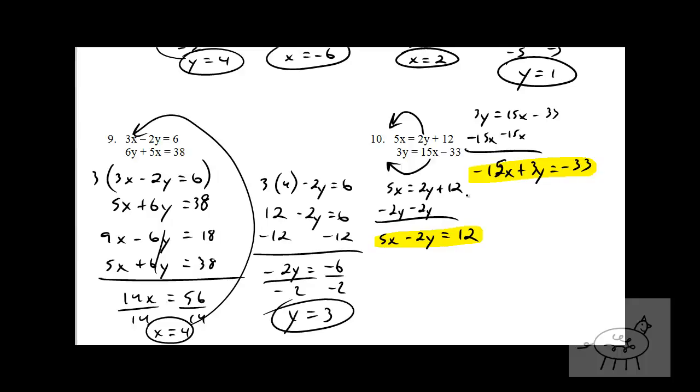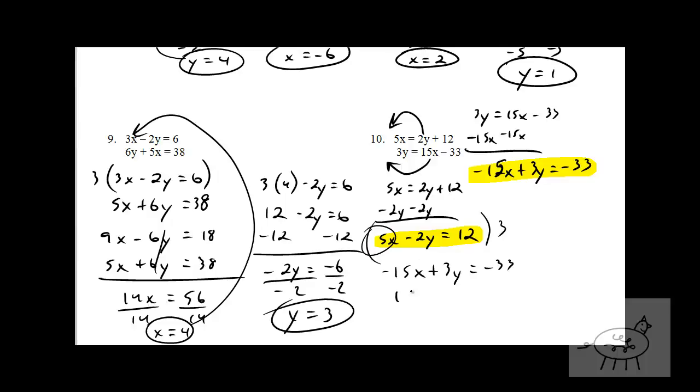Well, do you guys see that if I multiply this one by 3, I get 15x, and then the other one I'll have negative 15x, and then it cancels out nicely. Okay, so let's do that. I'm running out of room here a little bit, but let me write the top equation, negative 15x plus 3y equals negative 33.